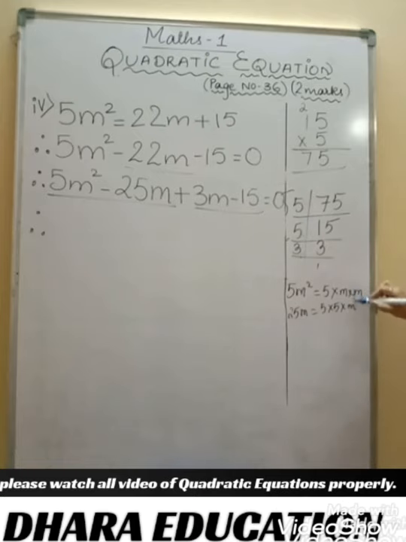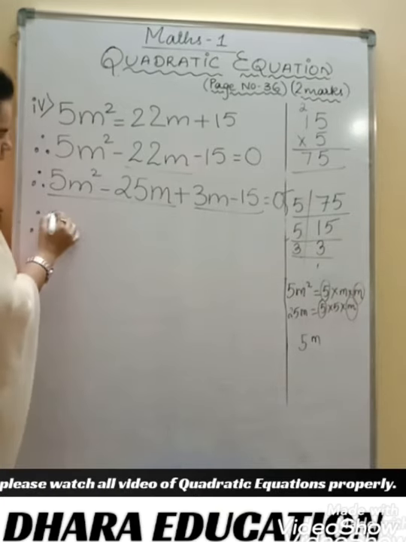Let's see. This m is common. Yes, students. What else is common here? 5 is common. Yes. So 5m is common in both these terms. Correct? So we have to write this. Therefore, 5m, open the bracket, and the remaining one, that is m minus 5, we have to write.